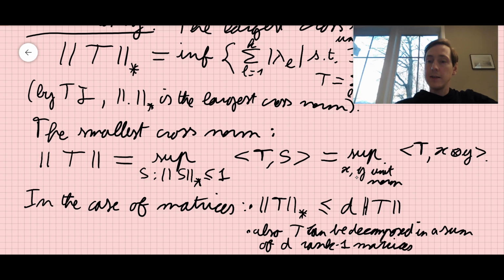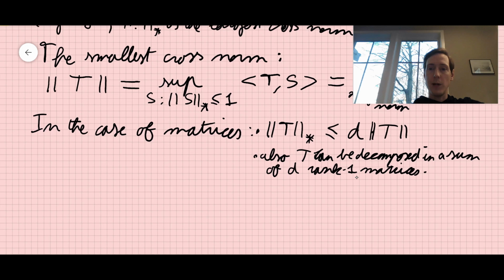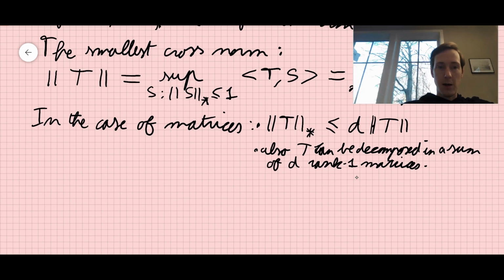Again, this comes from eigen decomposition, which gives us a lot. It tells us that the largest cross norm is not too much bigger than the smallest cross norm, and also that you can decompose any matrix into a sum of d rank 1 matrices. So how do these facts generalize? That's what I'm going to tell you right now. These are very useful, quite generally, I think.